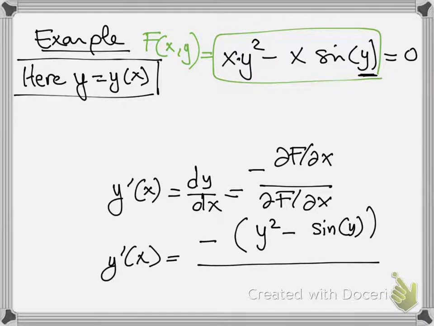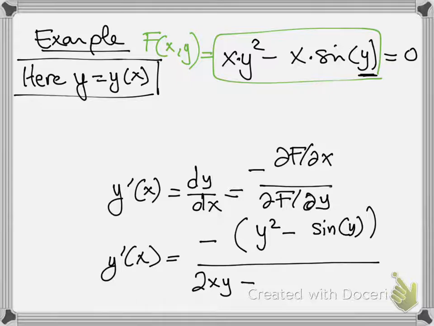Now we consider partial f partial y. So now we consider x as a constant. So the derivative of x y squared, x is a constant, so that will be 2xy, minus the derivative of x times sine of y.